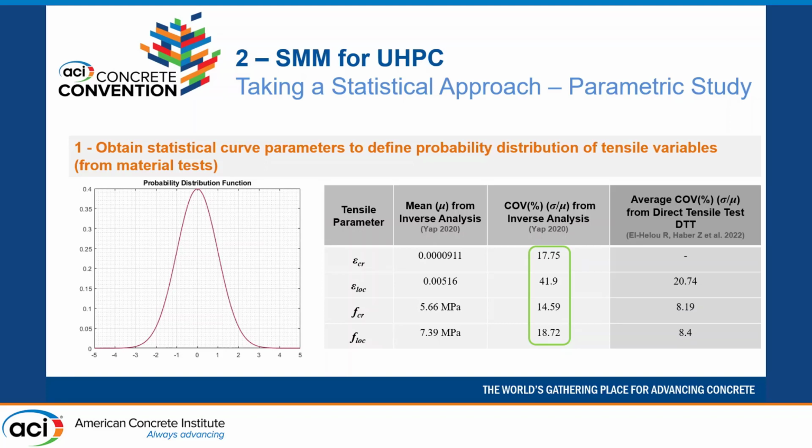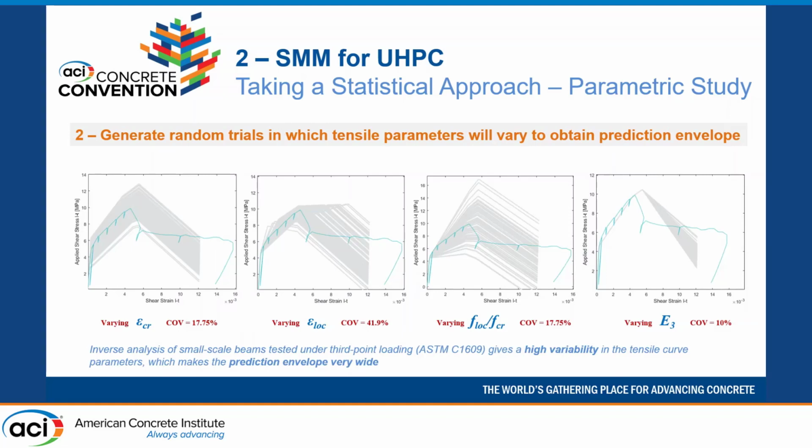Using the statistical parameters for these, you run a high number of random trials, and you obtain an envelope of results. As you can see, the envelope is rather wide, due to the fact that there's high variability in the material tests performed.